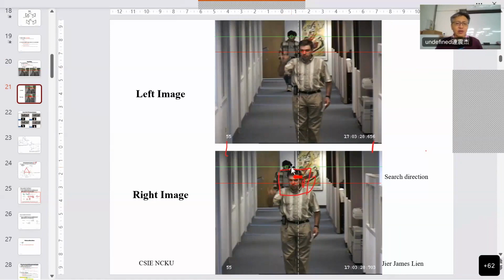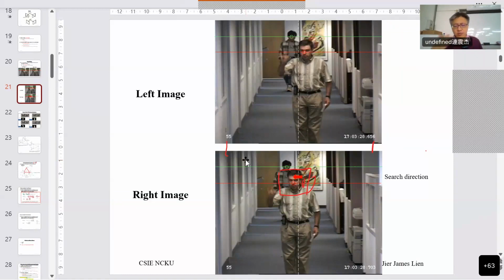And then, what's the search range? You should define the search range. If the search range is longer, it will take more time. So search range usually will be related to the baseline. That means if the baseline between the two images is large, your search range will be large.